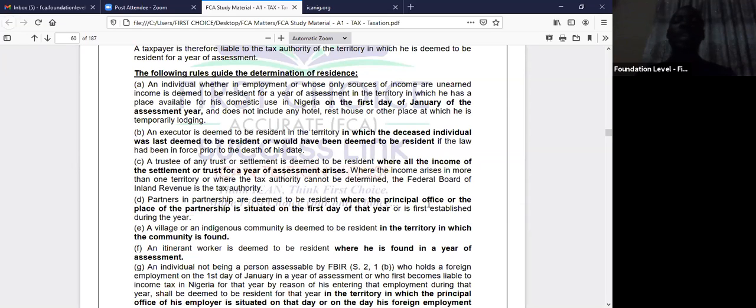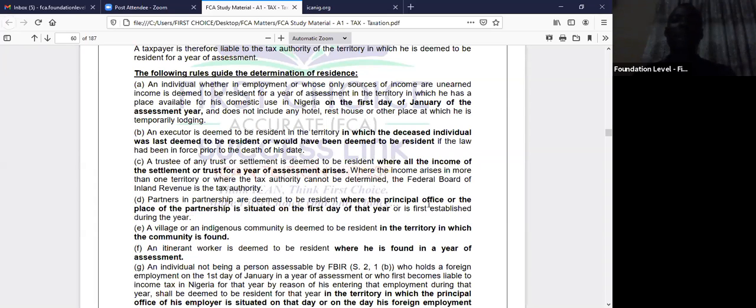So where all the income from a settlement or an estate arises, that is where the trustee is deemed to be resident. Otherwise, if the income is not arising from one place, when it cannot be determined where the income is arising from, then the FIRS becomes the taxing authority.